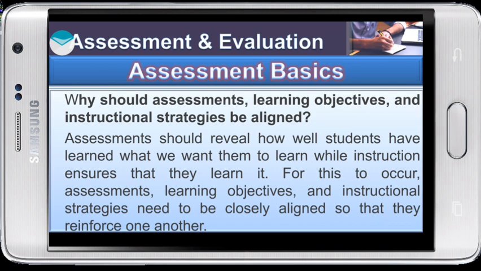So, when I assess students, I should know how well they learned. If they didn't learn very well, there's something wrong, there are some difficulties, some weak areas I need to address, I need to focus on.